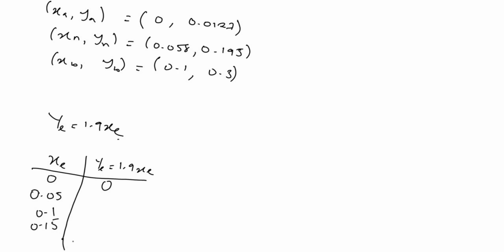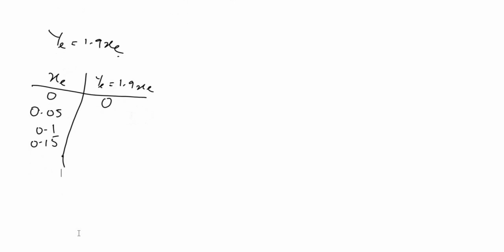Let me determine the values of my Y to see if they will be enough for me. At 0.05, I will have 0.095. At 0.1, I will have 0.19. At 0.15, I will have 0.285.